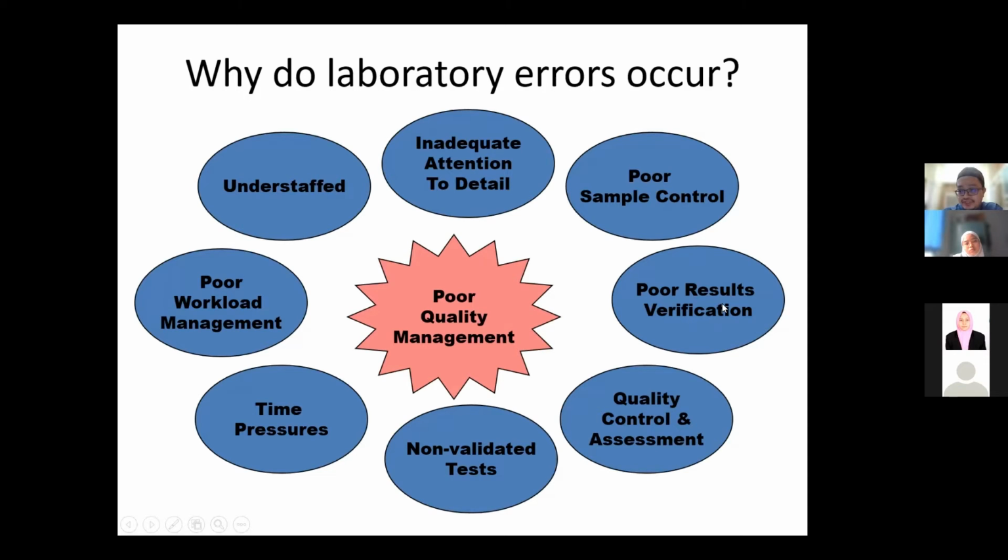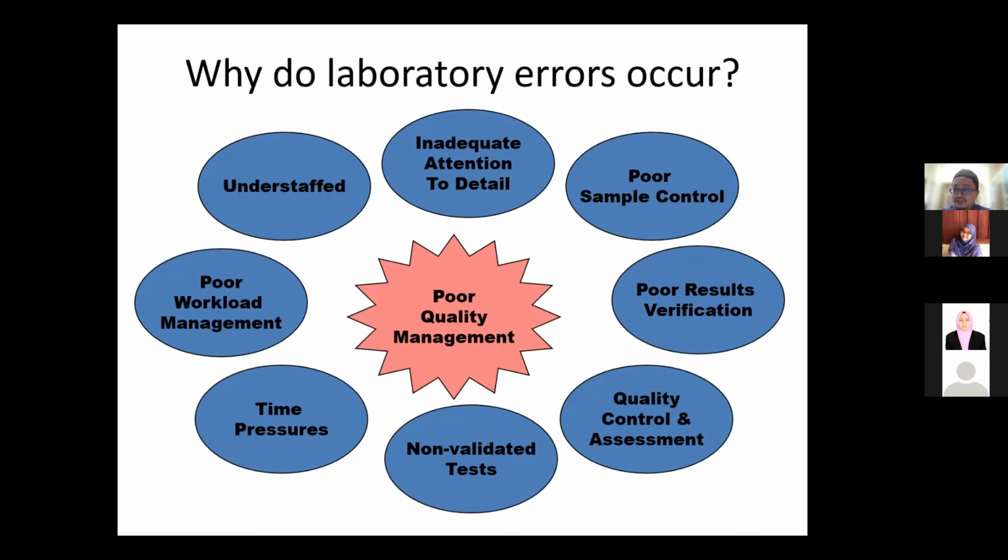Poor result verification can be because you are a careless person, or a very lazy person. You see a result that doesn't look quite okay, like it's not right. Maybe you need to check the machine, but you just couldn't care about it. Then you don't verify your results, and you just transmit. That could lead to lab errors.